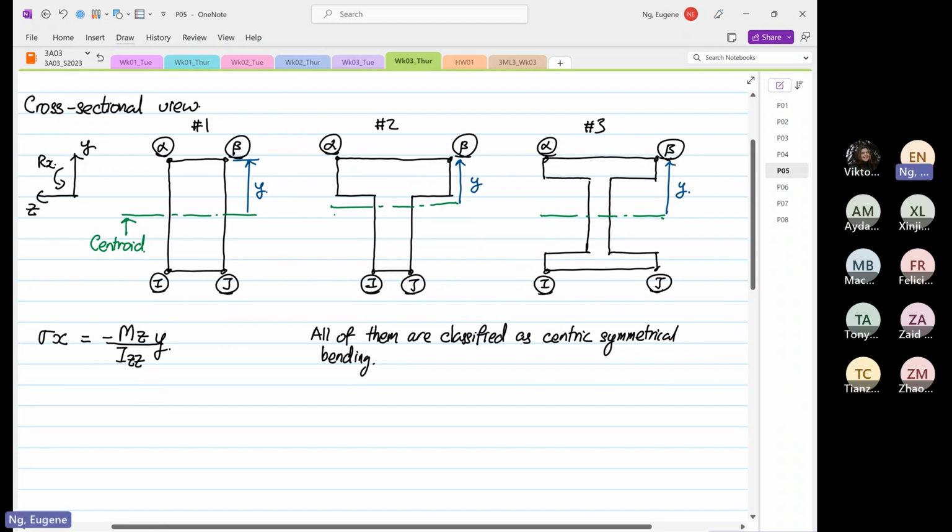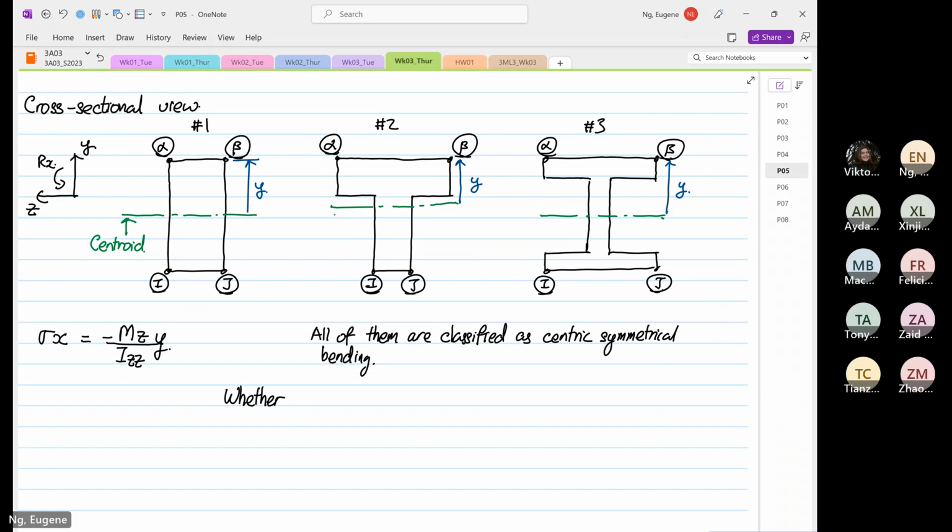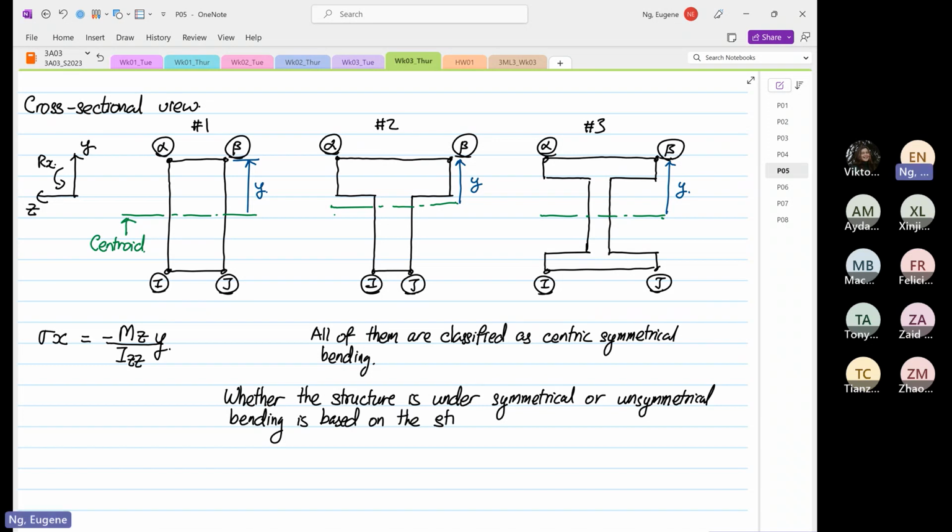Why? Whether the structure is under symmetrical or unsymmetrical bending is based on the stress field distribution.